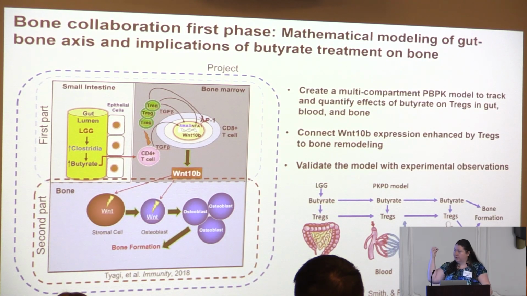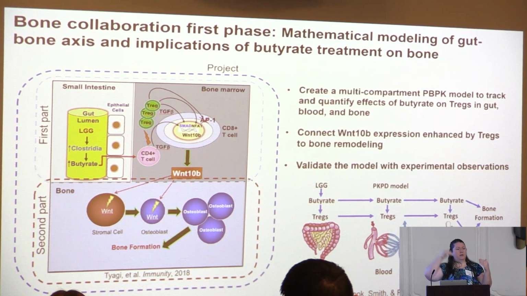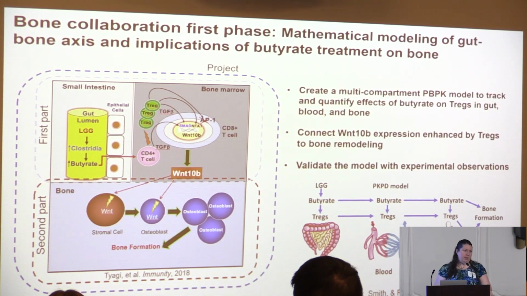So one little vignette I want to tell from this is that when we first started, she pointed to this paper on the left that was someone else's experimental paper, who had a conceptual model of a hypothesis their data supported, of how a certain nutritional supplement was influencing, through the immune system, the formation of more bone, right? So we built a mathematical model that could confirm that hypothesis with the data that was in that published report.